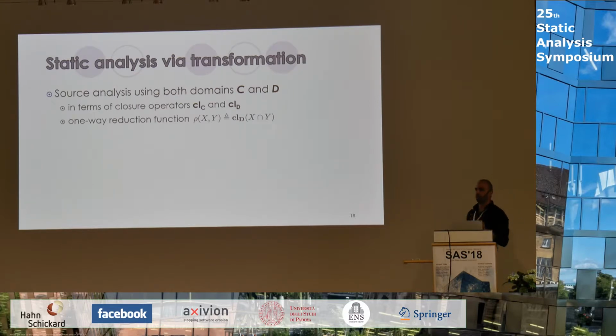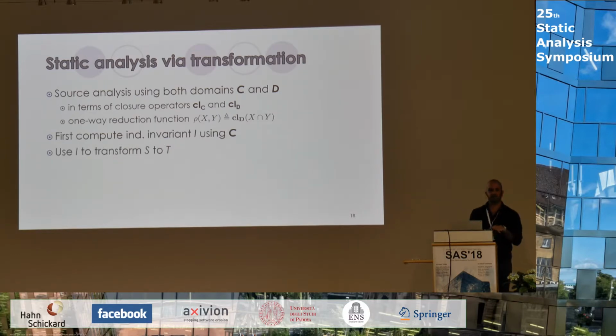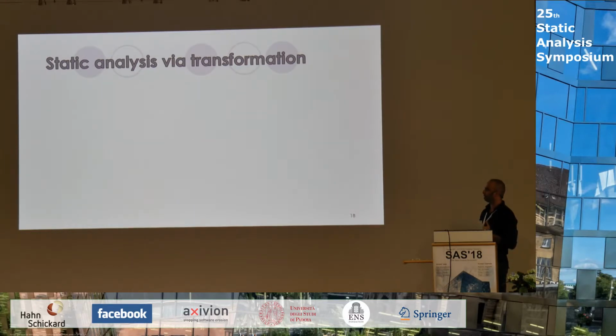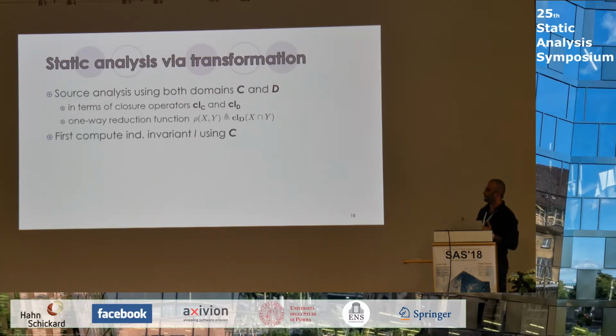First thing that we propose, compute an inductive invariant using the C abstract domain. I'm going to use that invariant to transform the program S to a program T. But when I say transform, I don't mean a syntactic transformation. I mean more a semantic transformation. So basically, we're going to generate a new transition relation for the target program that is a refinement of that of the source.